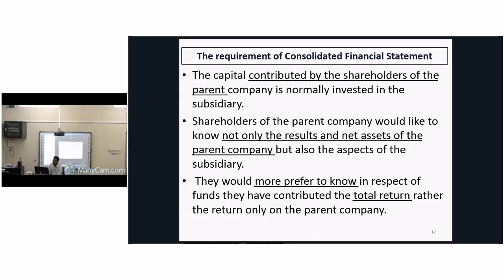Then we came into consolidated financial statements. If you can remember, I told you there are two entities, A and B. They will prepare their own individual financial statements, right? At the same time, the parent will prepare another set of financial statements called group financial statements. That is what we call a consolidated financial statement.